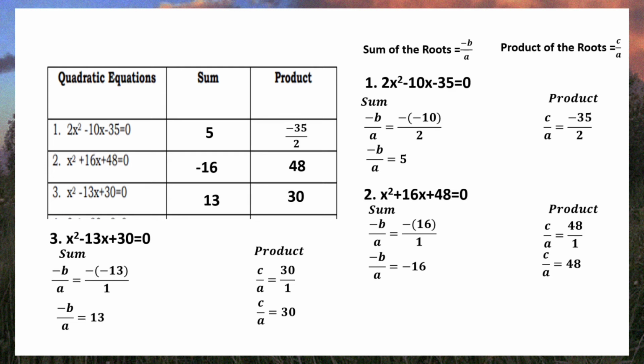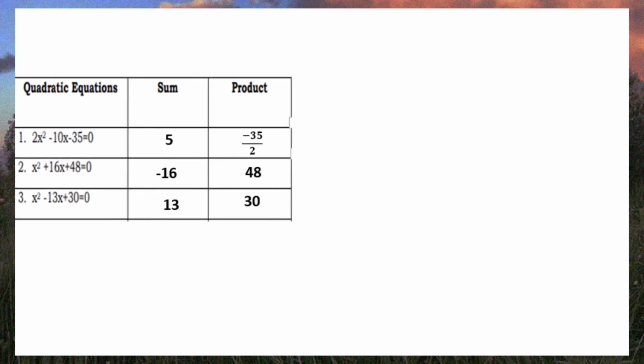So now, balik rin natin. What if given yung roots, papahanap naman sa atin yung quadratic equation? So ganito po ang gagawin natin. For number 1, let's say ang given is the sum and the product. Paano natin ma-generate yung 2x squared minus 10x minus 35 for number 1 na kung saan meron siyang sum na 5.